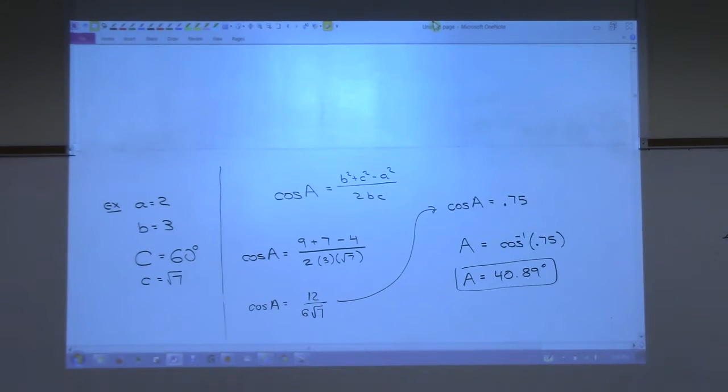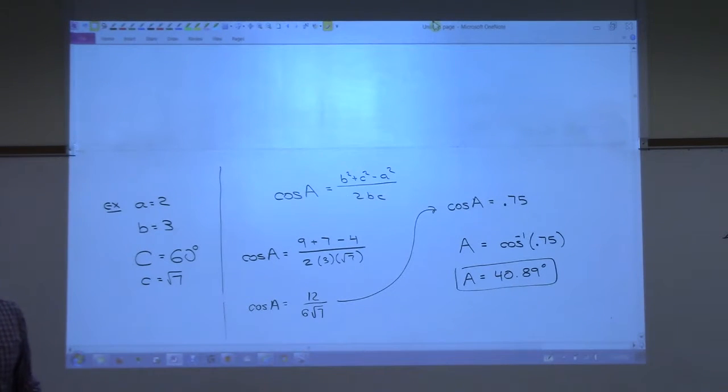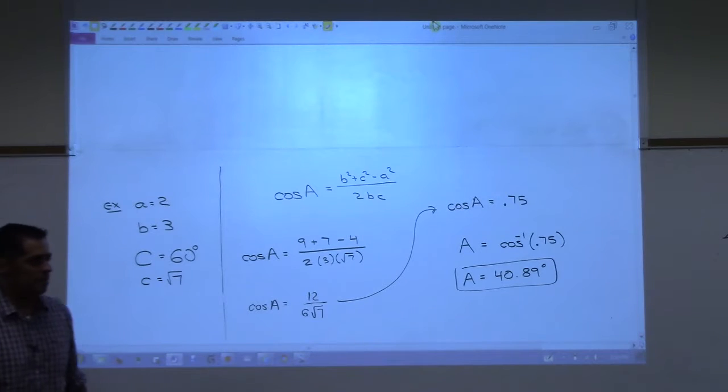So, look, here's what I want you to think about. This is the whole reason I did this, all right? When we did arc sine, at this point we had to go back and look at the possibility of having a different solution, didn't we? Do we have to do the same thing for cosine?